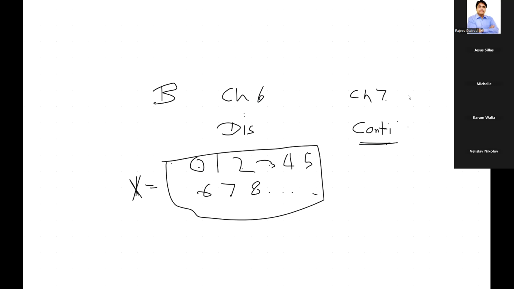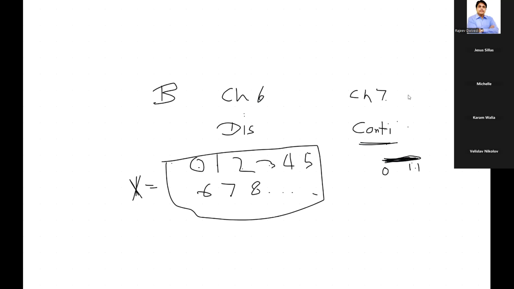In continuous, we check the area. So what is the area between, let's say, 0 to 1.1? We would like to see this probability on the normal curve. So basically, in continuous distribution, this is the area.